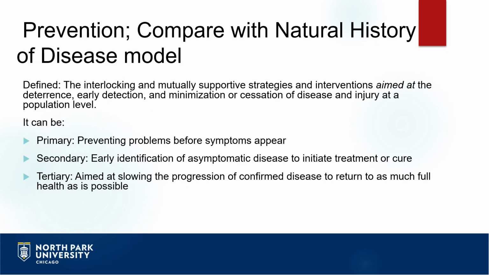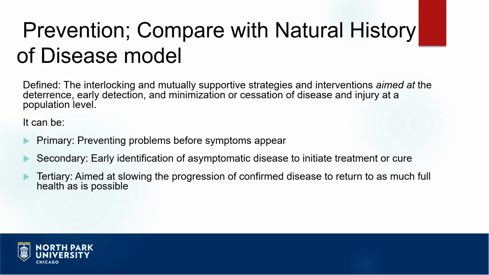All right, prevention. And we want to compare with the natural history of the disease model. And this is defined as the interlocking and mutually supportive strategies and interventions aimed at the deterrence, early detection, and minimization or cessation of disease and injury at the population level.